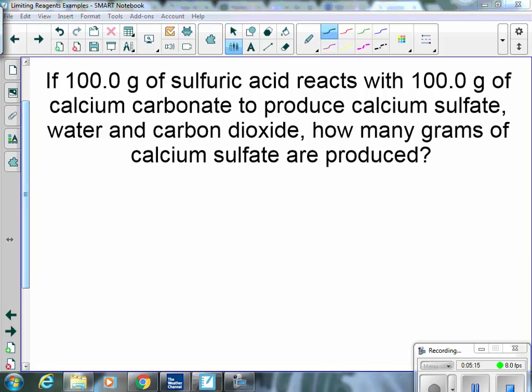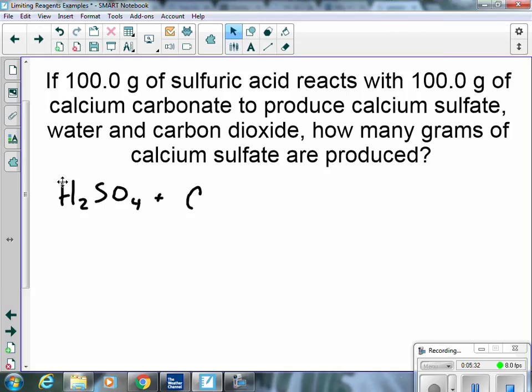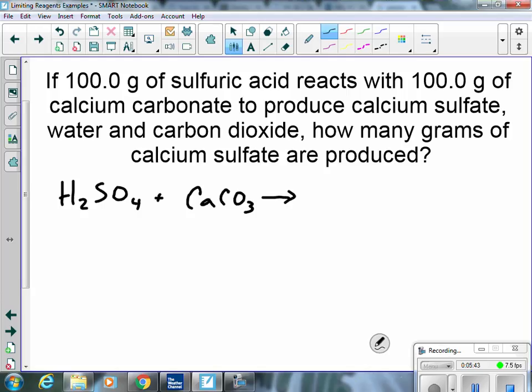So, I know that sulfuric acid reacts with calcium carbonate to yield calcium sulfate, water, carbon dioxide.